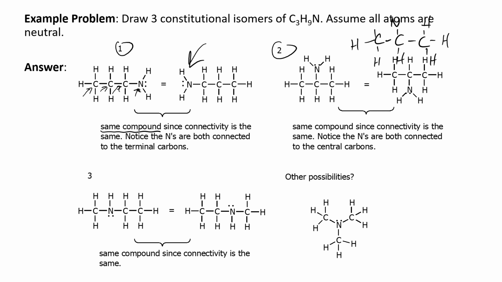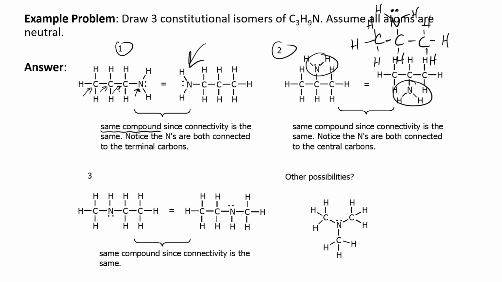To satisfy all the valency patterns, put 2 on the nitrogen, and we put our lone pair. So that would be the process. Now, we also could have drawn this in a variety of different ways. You could have put the nitrogen on the central carbon up top, or you could have put that nitrogen on the bottom.